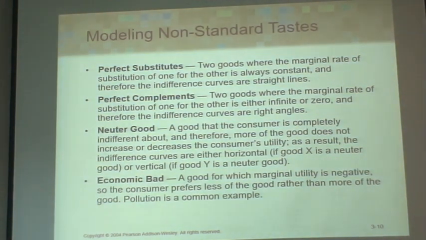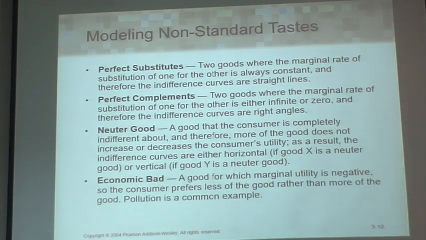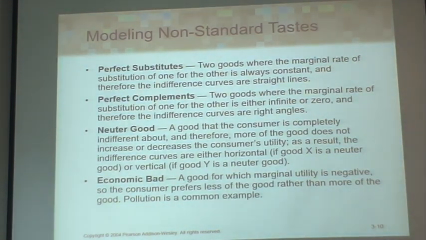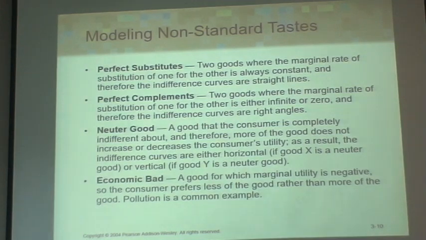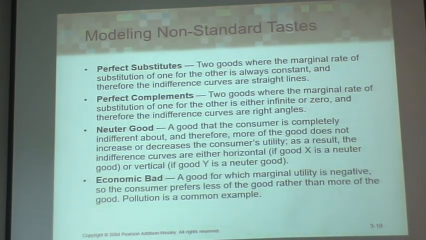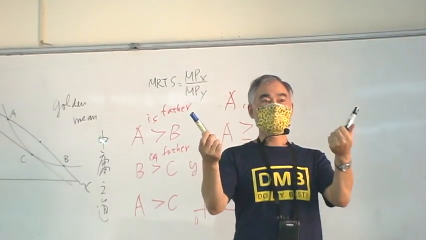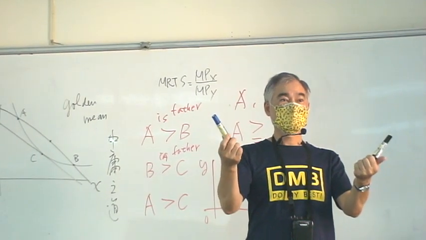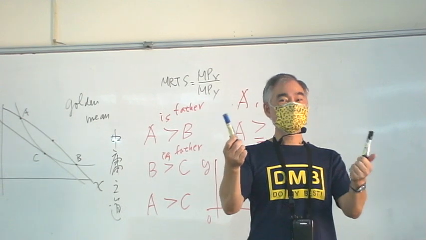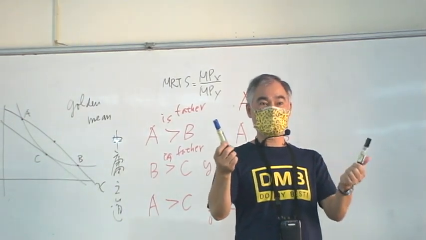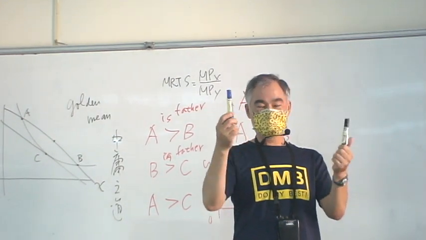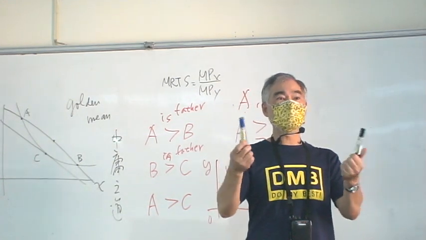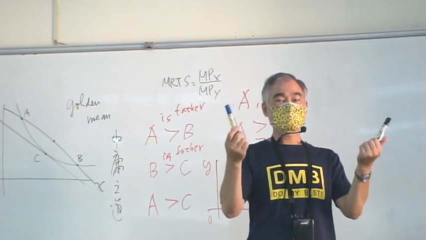Now we want a perfect substitute. Blue pen and black pen, right? Are they perfect substitutes? As long as you don't have any preference of color, blue pen and black pen all work, and so they are perfect substitutes.